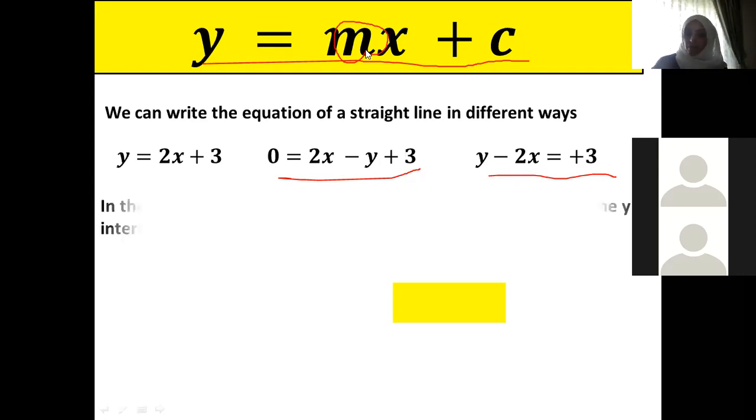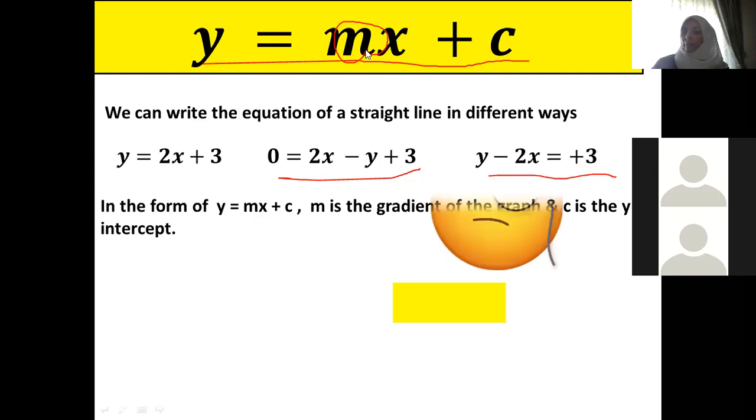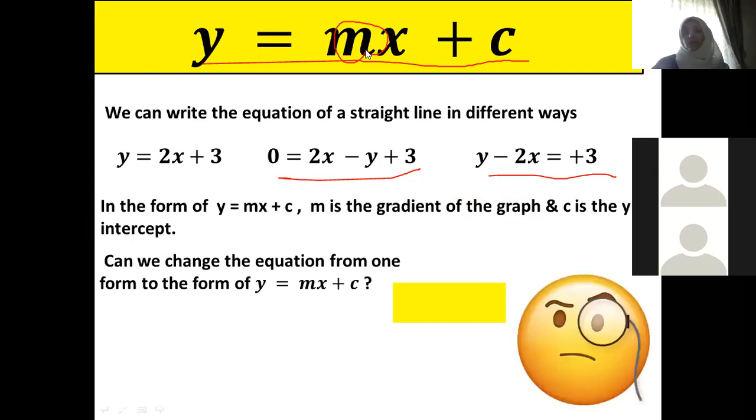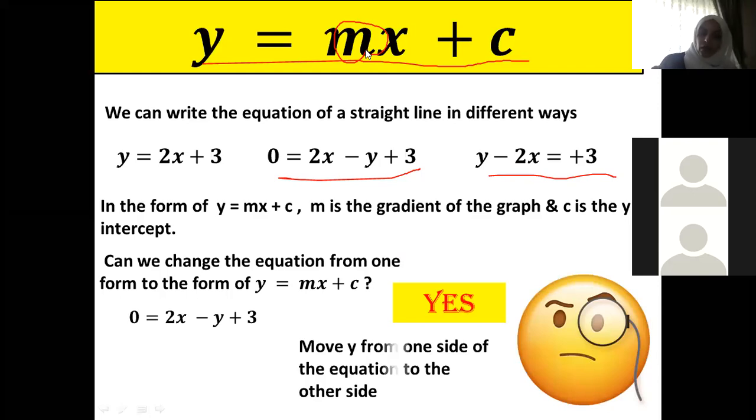So what do we need to do? The best thing is to put it in the general formula. How can we do that? We will just change it or rearrange it. Can we? Yes, we can. We remove the y. What matters to us is that the y is on the left side. So it's a negative y.